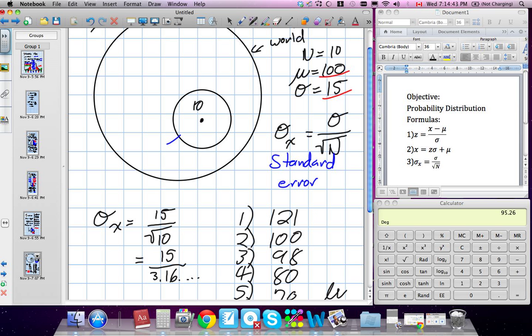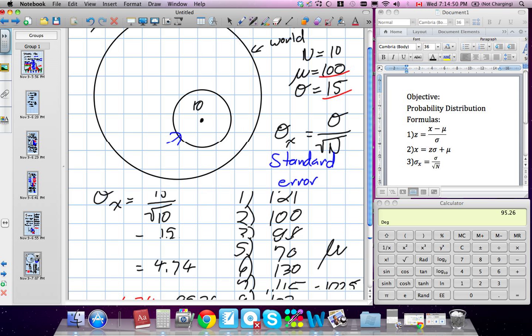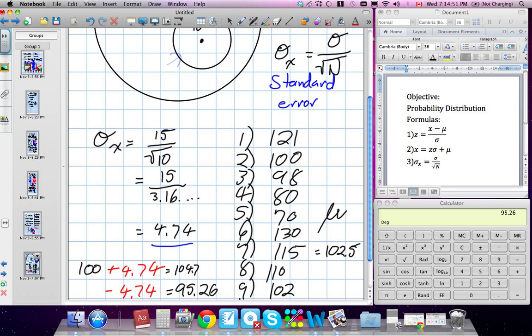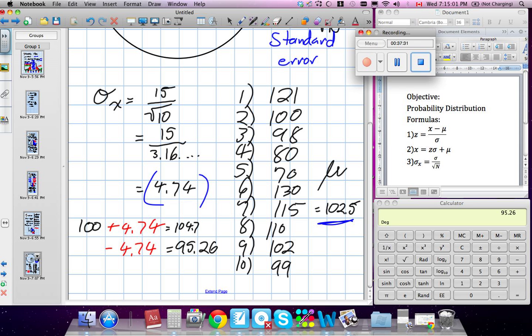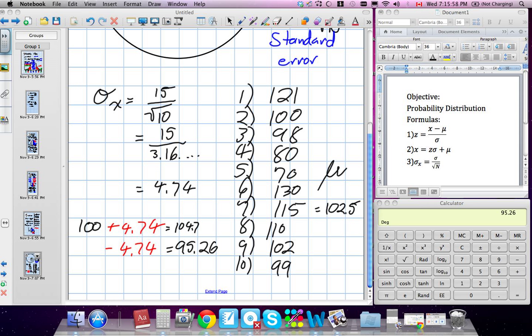he's going to find a mean that's going to range from 104.74 to 100 minus 4.74, 95.26, which is exactly what happened. He found a mean that fell in between this range.